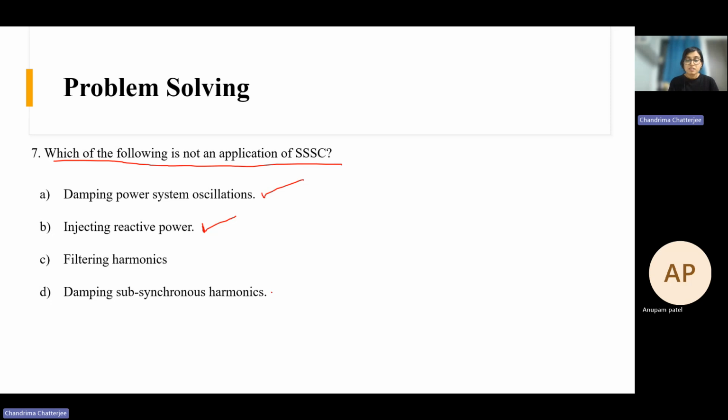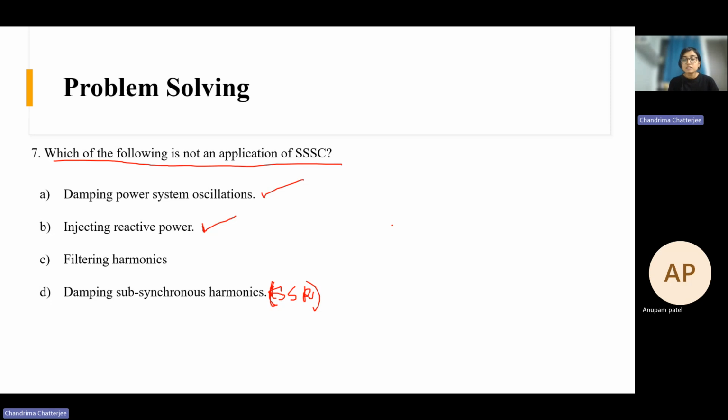Now, SSSC is immune to subsynchronous harmonics, which is also called SSR, short for subsynchronous resonance. What is subsynchronous resonance?